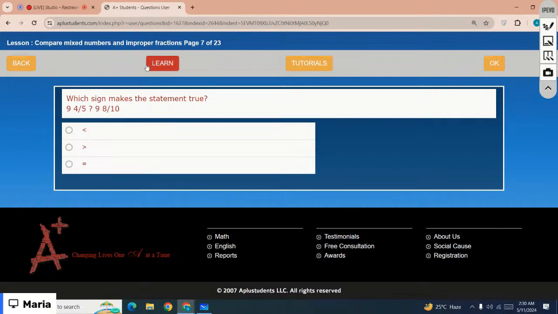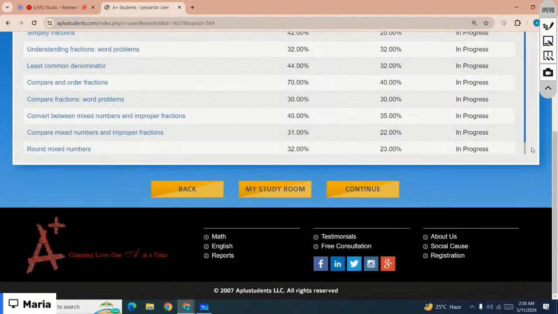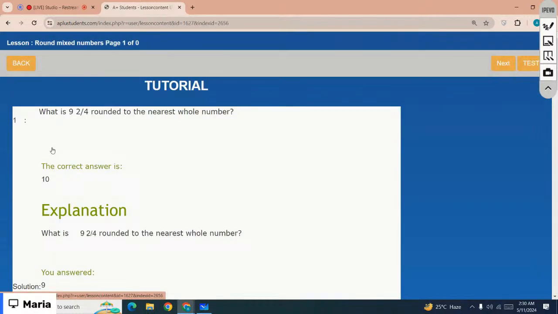The next lesson is the last lesson from the chapter, and that is round mixed numbers. So let's just see how do we round mixed numbers, right?